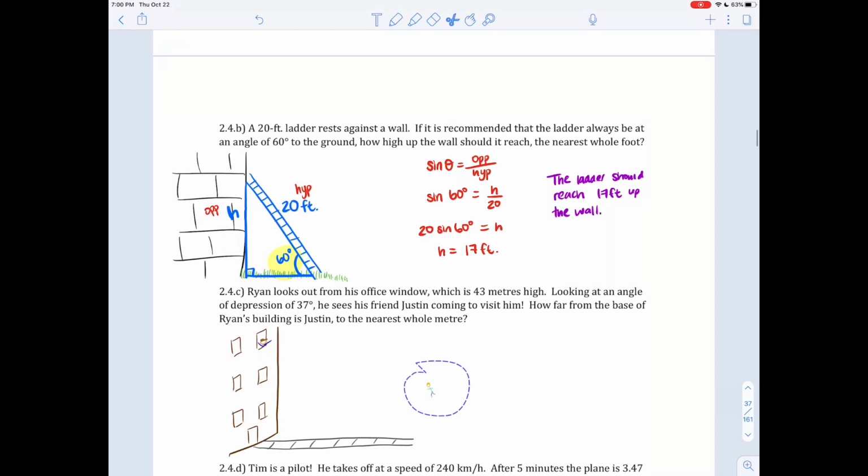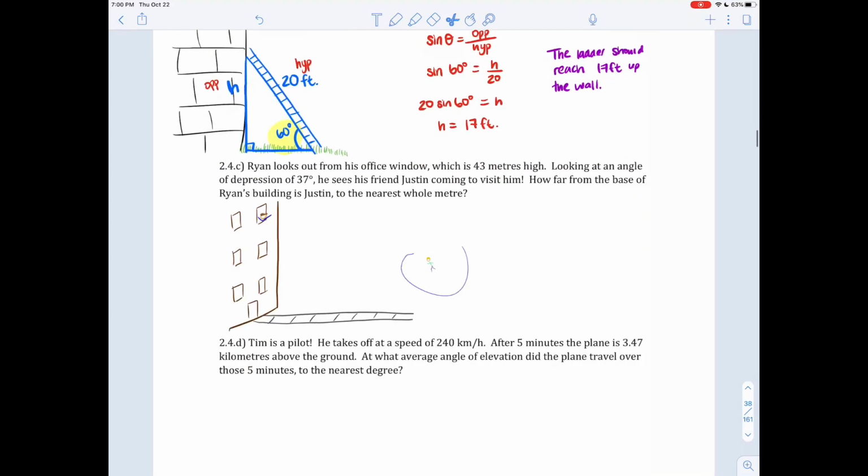I swear. Should have just left him big. It could have been a perspective thing. Yeah, it could have been, but he wouldn't fit through the door. Anyways, Ryan looking at Justin. Justin, maybe he's looking back at Ryan. Maybe they're waving at each other.